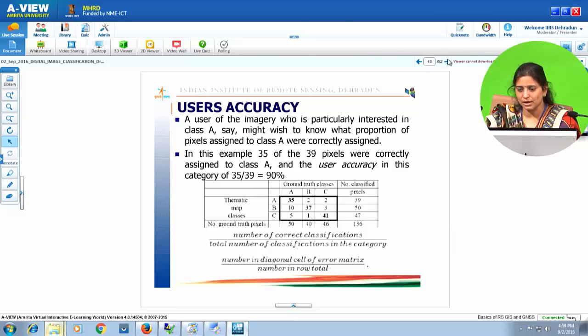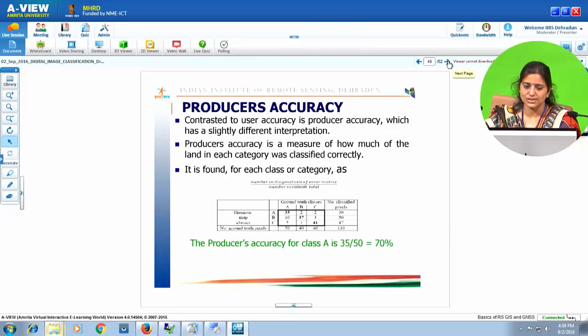The next accuracy is the producer's accuracy. In contrast to user's accuracy, the producer's accuracy has a slightly different interpretation. It is a measure of how much of the land in each category was classified correctly. The producer of the map wants to know how correctly the classification was done with respect to the ground.